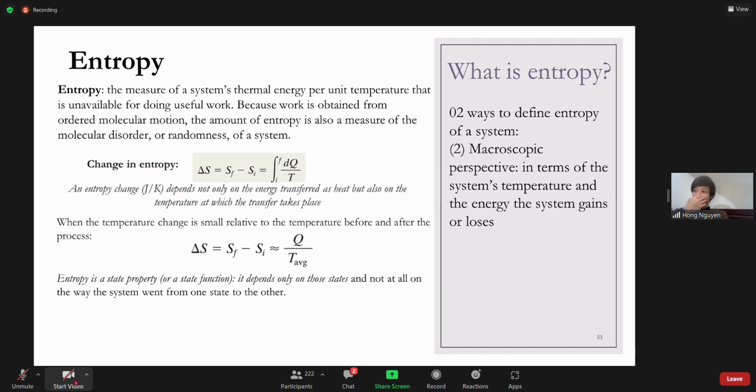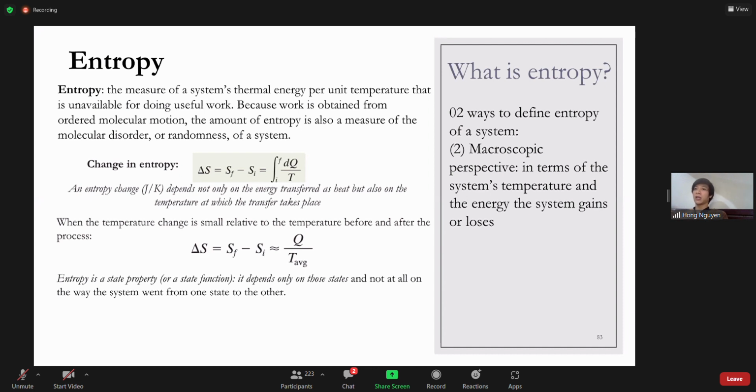And here, what we know empirically is that entropy is a state property, or we also call it a state function. Actually, a state property is also a state function, okay? So it depends only on the states and not at all on the way the system went from one state to the other.